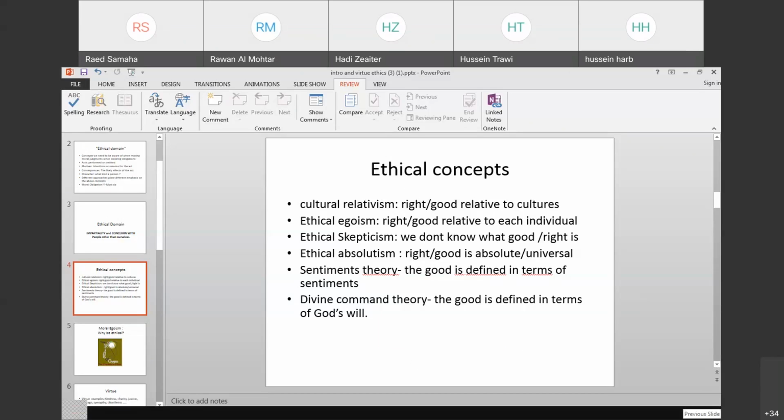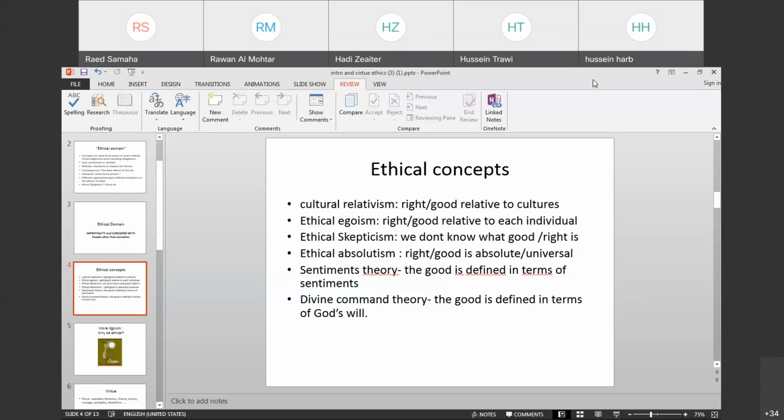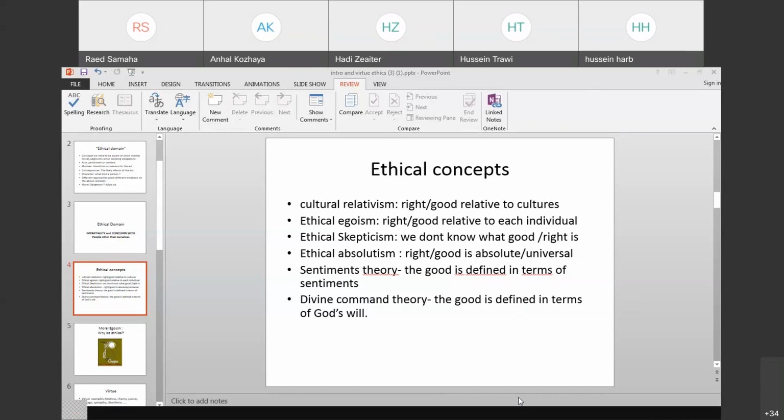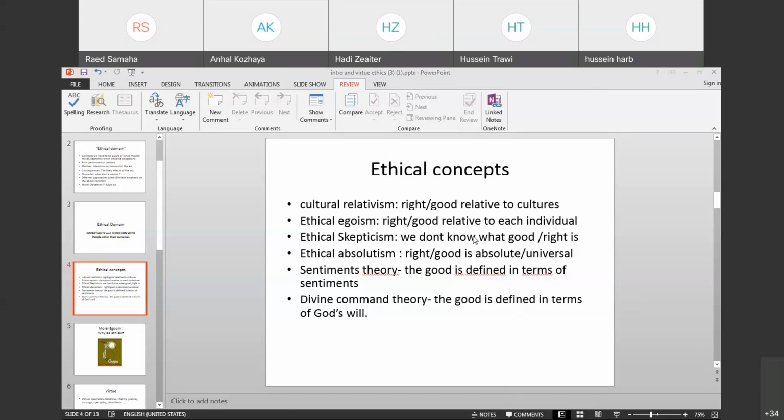I think I'll stop here. Any questions, guys? Time to ask. Yes, doctor, I have a question. Please go ahead. Regarding ethical absolutism, what do these people refer to in order to determine the right and good? For example, in ethical egoism, it refers to oneself, or in cultural relativism, to the culture. So that's why I said we're going to explore the various options.